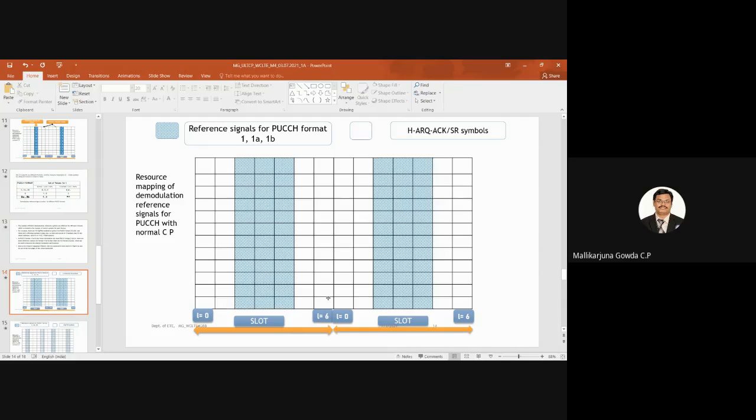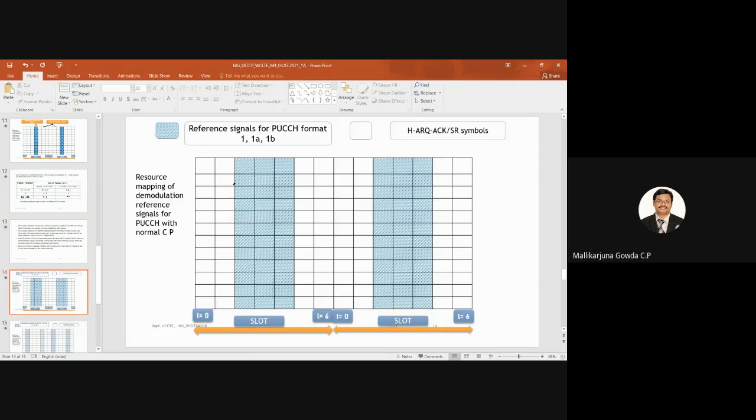Okay, so 0 to 6 is one slot, right? The 7 OFDM symbols will be there. Again, for the next slot, it will be occupying the second, third, and fourth OFDM symbols. And the rest will be occupied by the hybrid ARQ acknowledgement or scheduling request symbols. Okay. Yes, it is very easy to understand also.